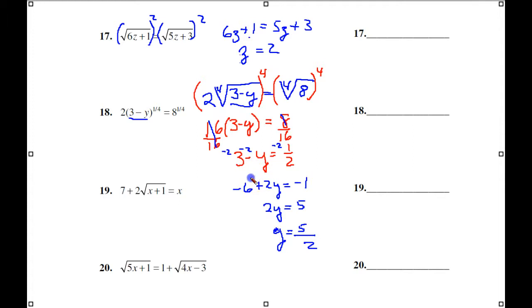I transposed my 6 over to this side as a positive 6. That gave me my 5, and I divided both sides now by 2, and there's my answer. Again, there's other ways. I think the other way would be more complicated. This is complicated as well, but I think perhaps the simplest. But other ways are okay to do it.